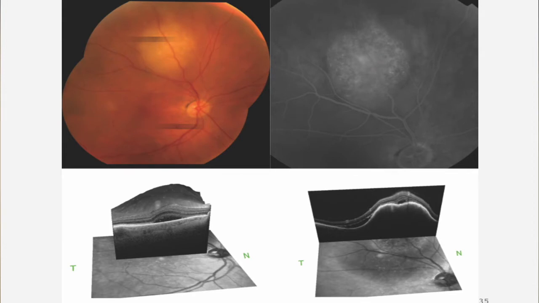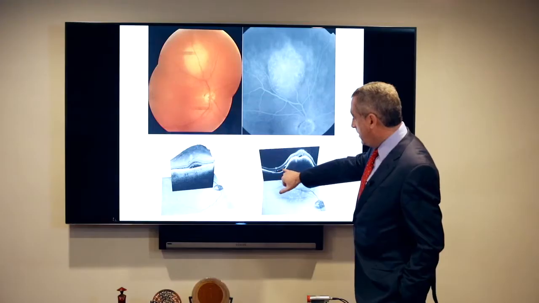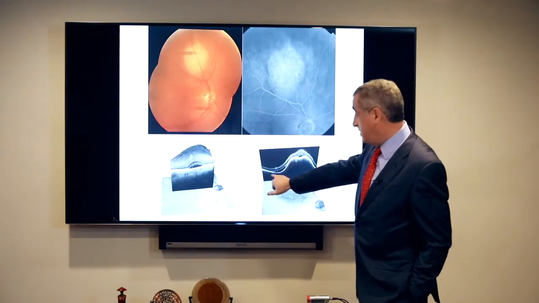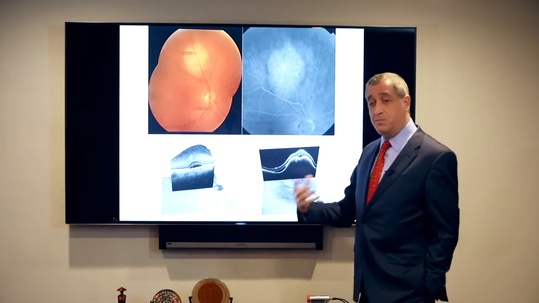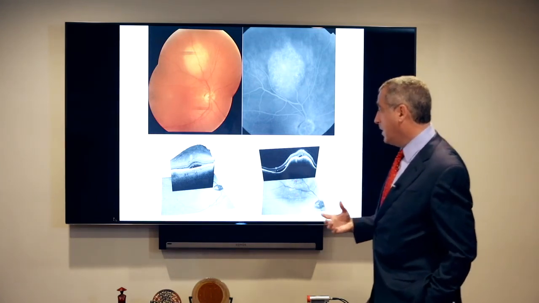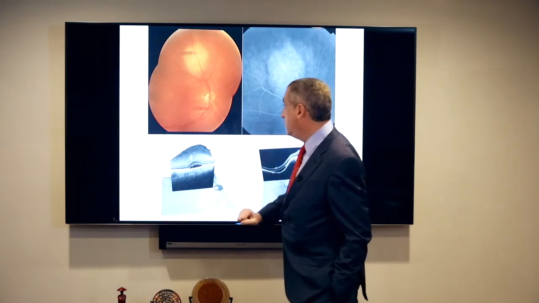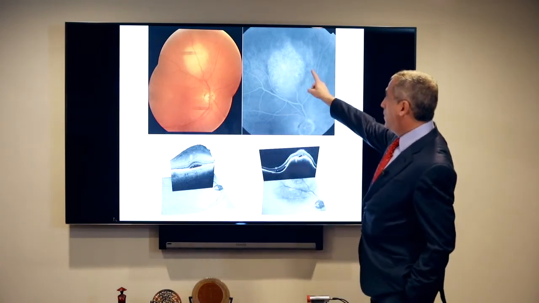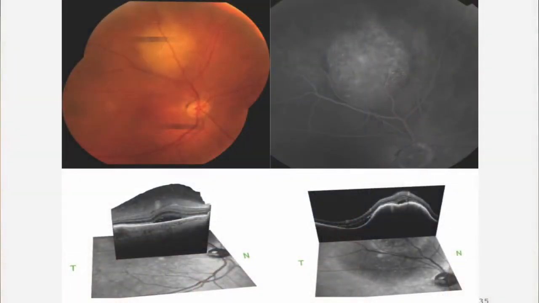Here's another metastasis. Here we have again the wavy surface and subretinal fluid. Again, the photoreceptors are dysmorphic because the tumor is most likely giving off toxic substances or consuming them, and the subretinal fluid, and the microaneurysms that we discussed.